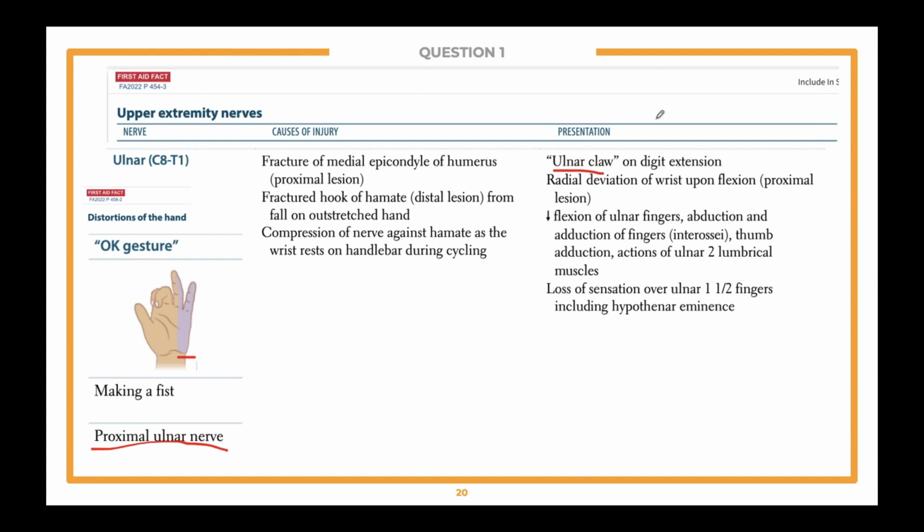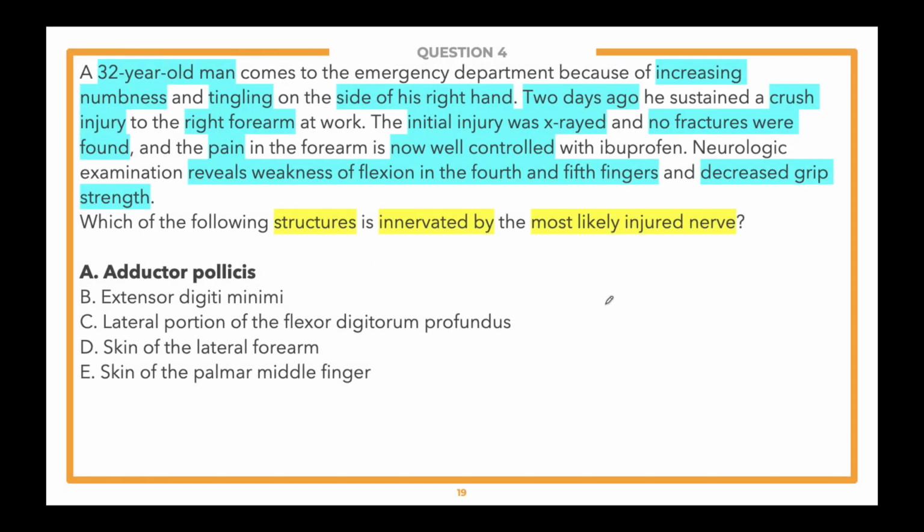And you can see there that under presentation, the ulnar nerve is responsible for thumb adduction. And that is one of the functions that the adductor pollicis contributes to. So if we take a look at our answer choices once again, you will see how A is the best answer, okay? We'll come back to answer choice C.